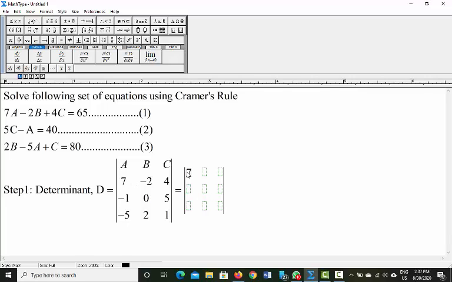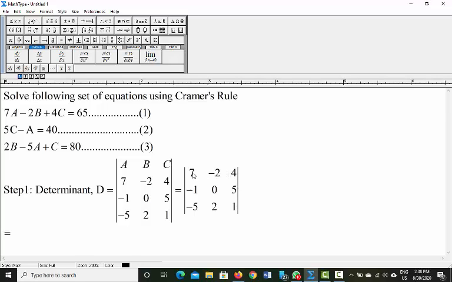The matrix that we have here is 7, -2, 4; -1, 0, 5; -5, 2, 1. So we need to find the determinant of this matrix.